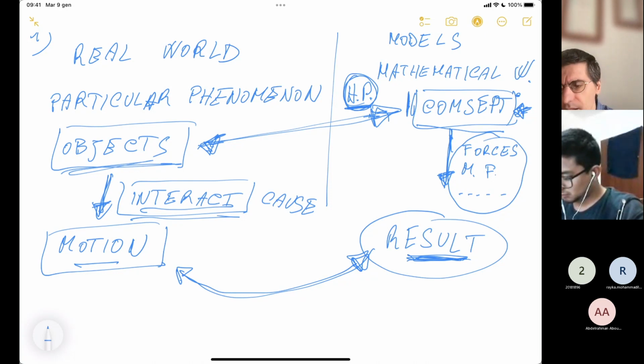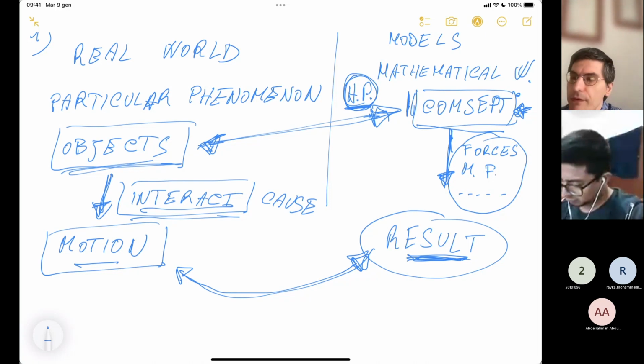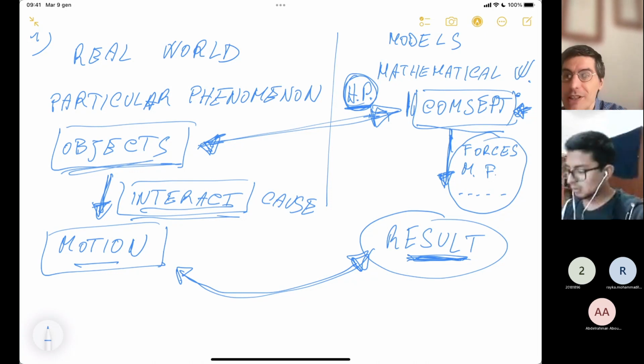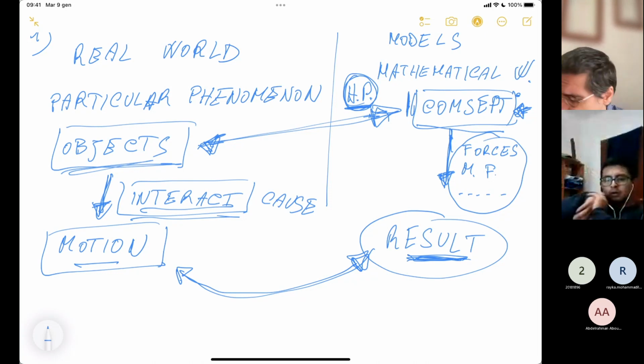So let's make some examples so you can understand how this kind of vision could be applied. I mean, the first thing is, okay, the results coincide with the motion. And this is the most important part, of course, because this means that your model is not so bad.